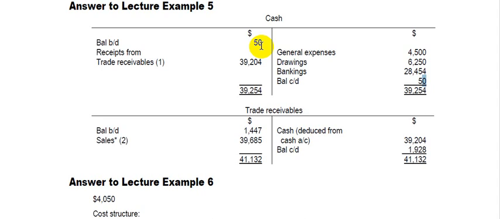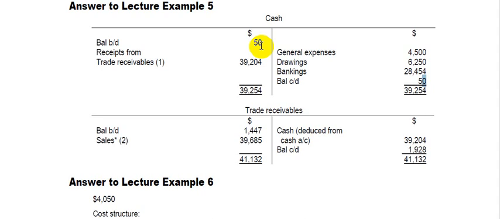The trade receivables, remember, you're selling on credit, and being an asset account, each time you make a sale it is on the debit side, and each time a customer pays you, you reduce your receivables by crediting the trade receivables. So the 39,204 will be credited to the trade receivables. Then you balance off the trade receivables by adding both sides.